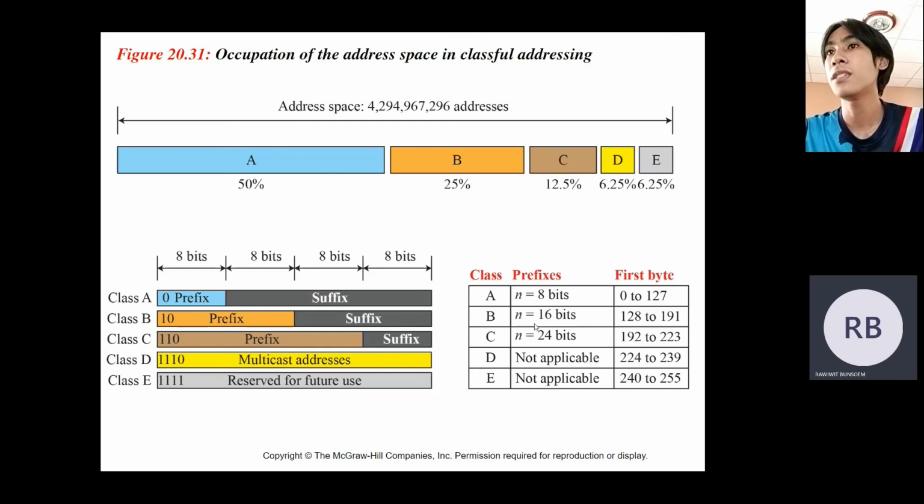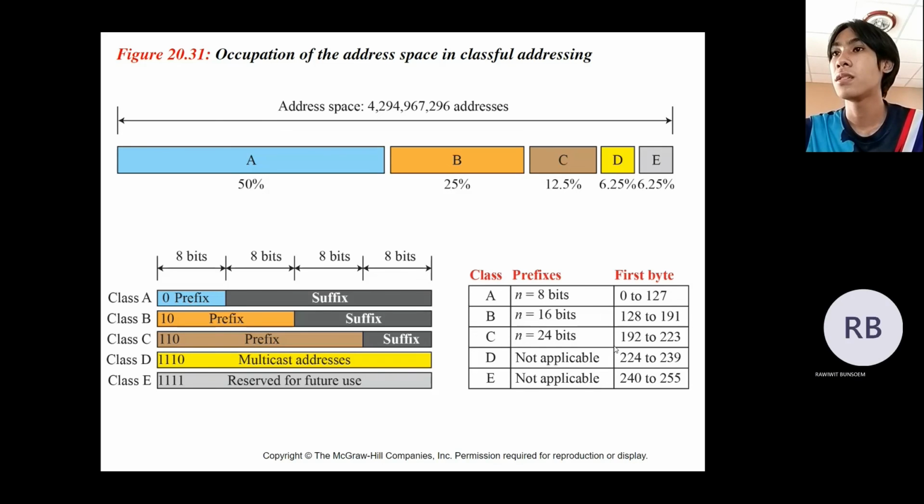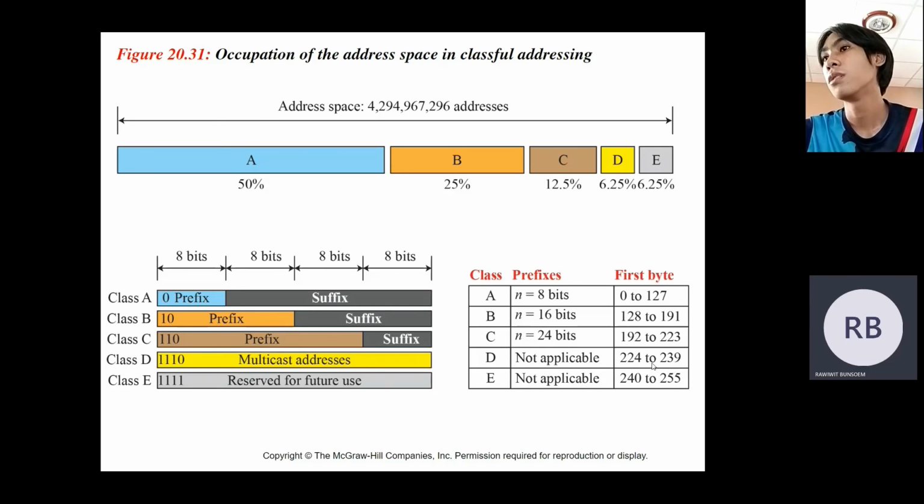Class C has prefix n equal to 24 bits, and the first byte is 192 to 223. Class D prefix is not applicable, and the first byte is 224 to 239.